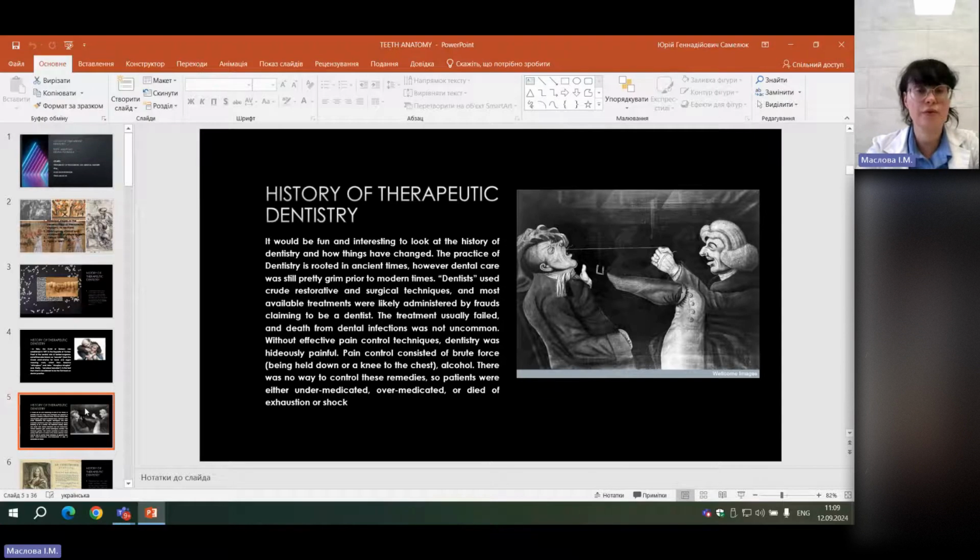The treatment usually failed, and death from dental infections was not uncommon. Without effective pain control techniques, dentistry was hideously painful. Pain control consisted of brute force, being held down with a knee to the chest, and alcohol. There was no way to control these remedies, so patients were either under-medicated, over-medicated, or died of shock.